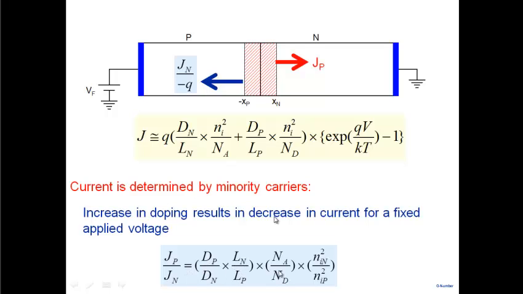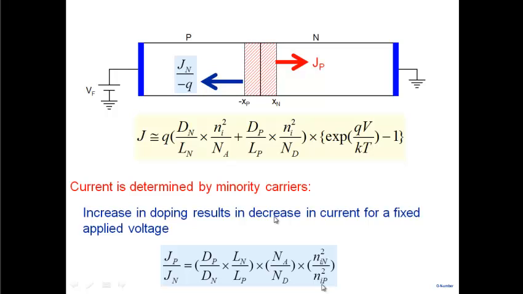Normally in a PN junction, the region here and the region here are the same: both of them are silicon, both germanium, or both gallium arsenide. But you can make a PN junction such that the material here is different from the material here. That is why I've written here that Ni in the N region could be different from Ni in the P region.